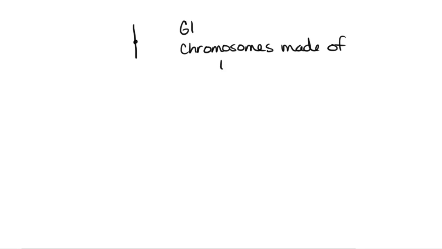So if we review again what happens with the chromosomes as we go through the interphase of the cell cycle, when we begin this whole process in G1, we're going to have chromosomes made up of 1 chromatid. When we talk about chromatids like this, where there's just one of them, these are what a lot of times are called unreplicated chromosomes.